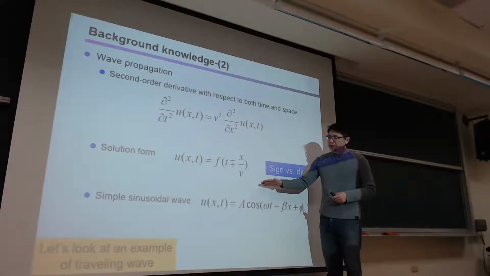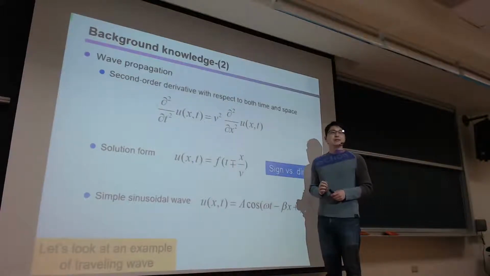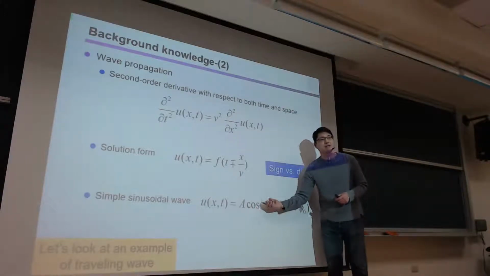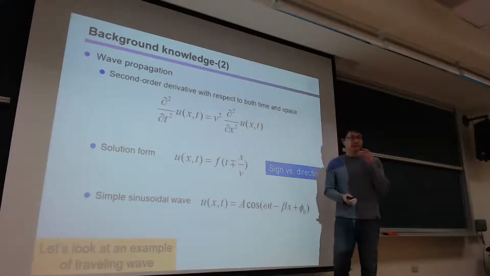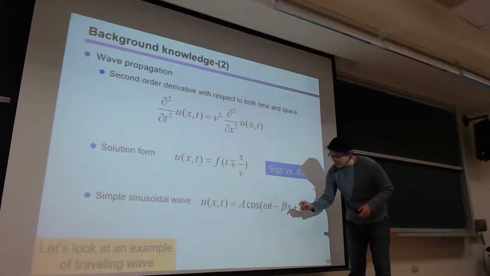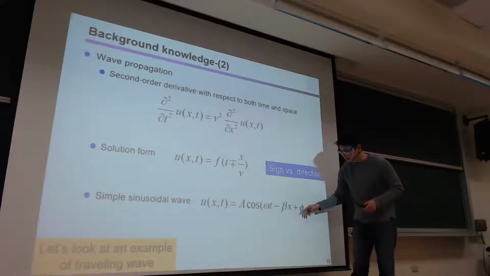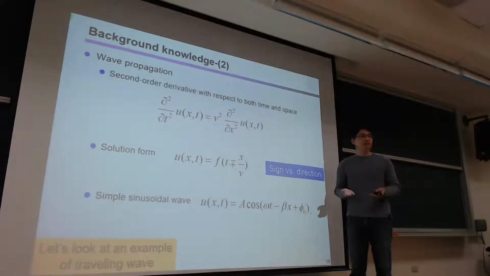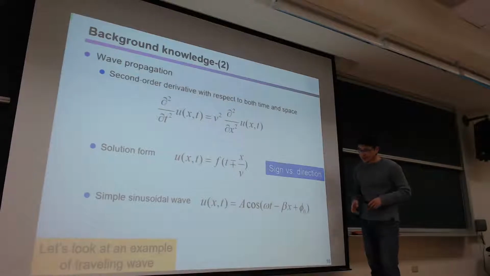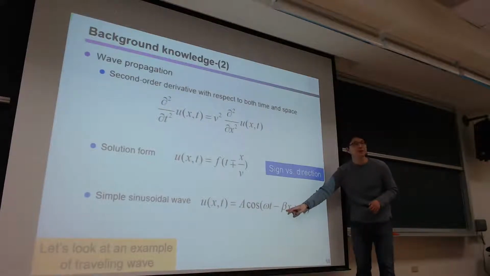So we can have a very simple wave equation solution which takes on a cosine form, a sinusoidal wave. So basically, you can have cosine(omega t minus beta x plus some initial phase). We understood initial phase change already, but we don't really know what this beta stands for.